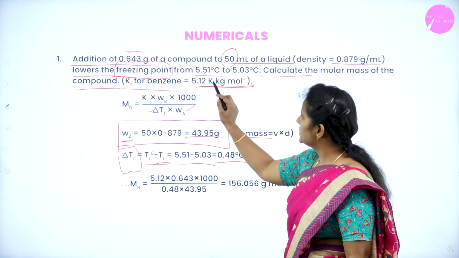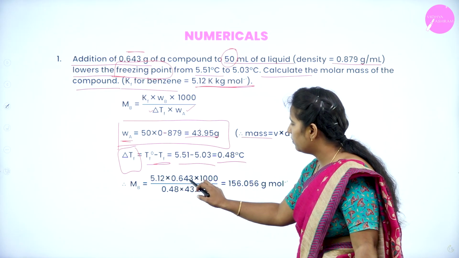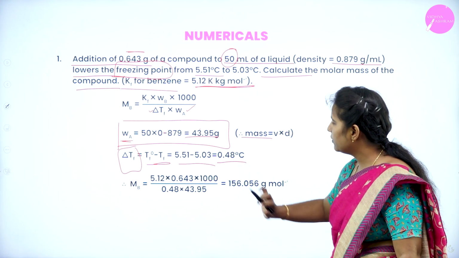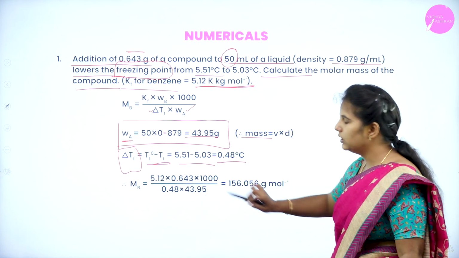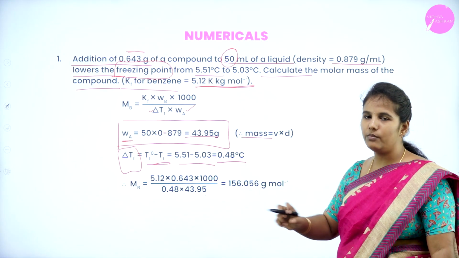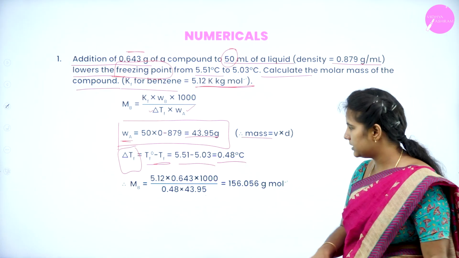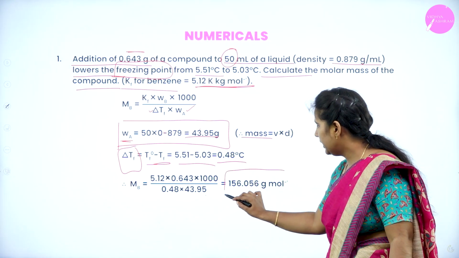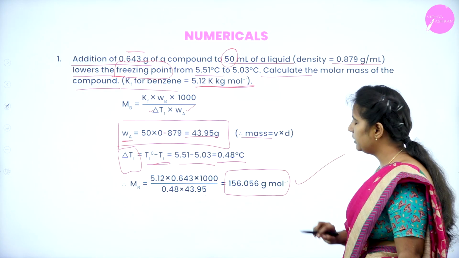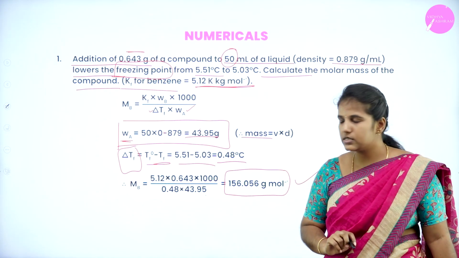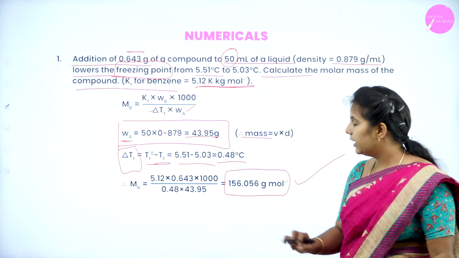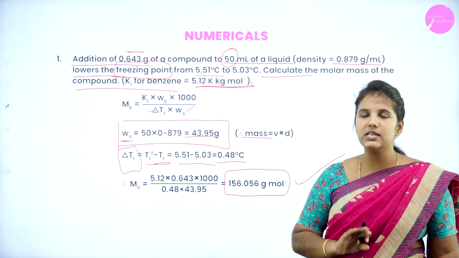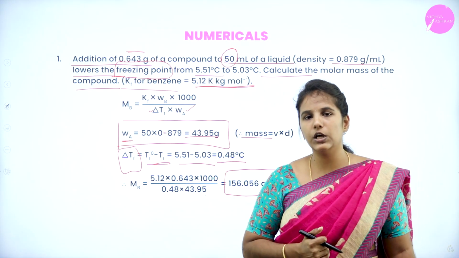So the Kf value, 5.12, into 0.643 into 1000 divided by the delta TF value 0.48 into WA, as we calculated now by multiplying the mass with the density, that is 43.95. If you multiply and divide, you will get 156.059 gram per mole. So this is how, by analyzing the given problem, we can solve the numerical.